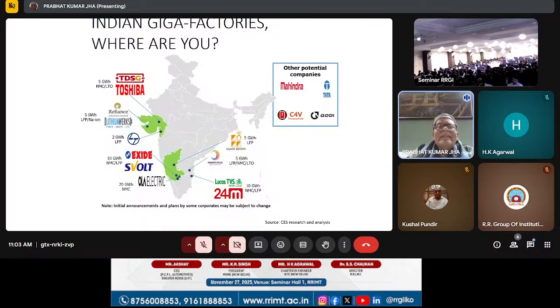And Indian gigafactories. Gigafactories means the major factories, bigger factories. That is gigabyte, you may know in the computer. So you can go through this. You see in the map, the source is CES Research Analysis. You can go through CES Research Analysis. You will find all these data.